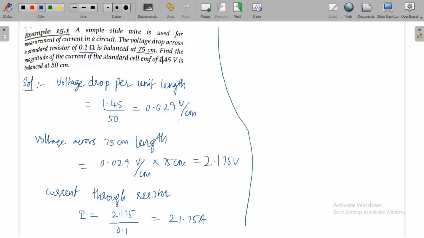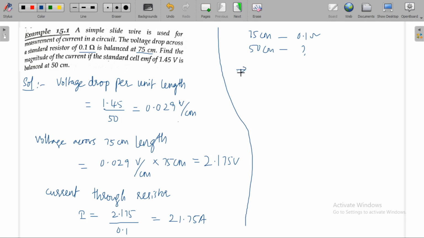Another way of solving this problem is like this. 75 centimeters length of wire is having the resistance of 0.1 ohms. Then what will be the resistance of 50 centimeters length of wire?